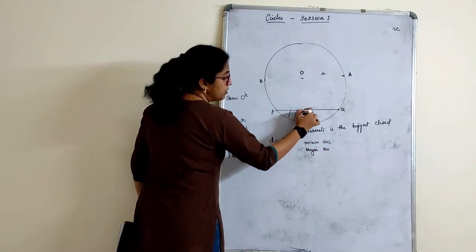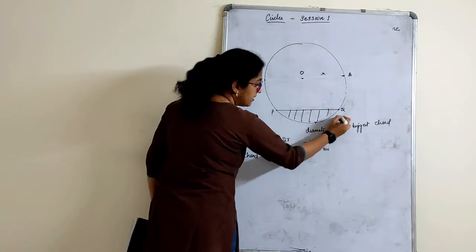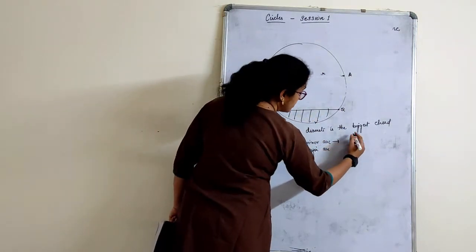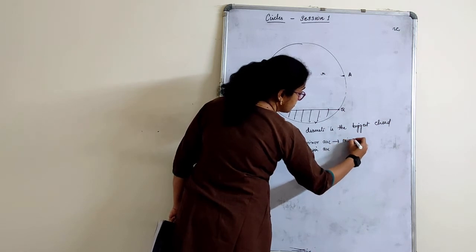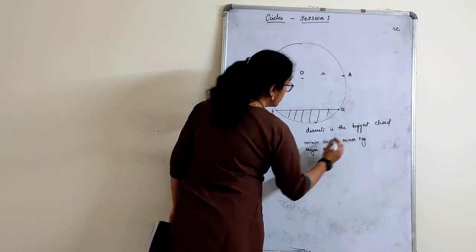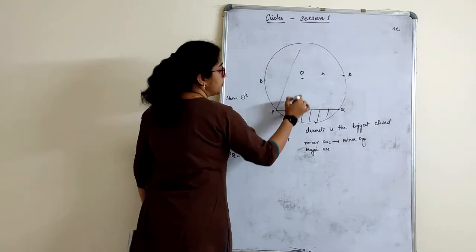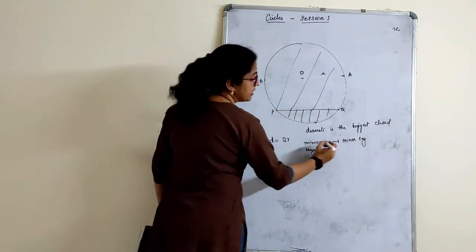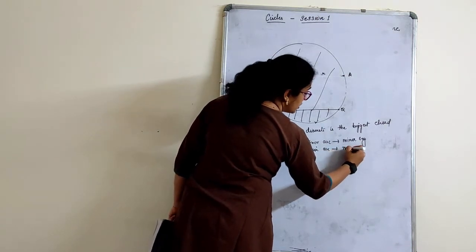The region bounded by the minor arc and a chord of a circle is called the minor segment. The region bounded by the major arc and the chord is called the major segment.